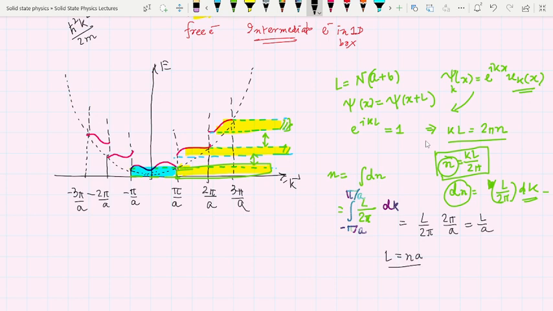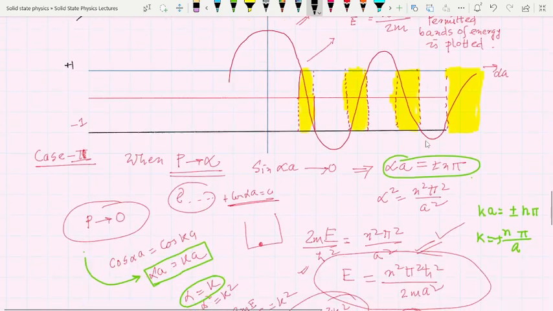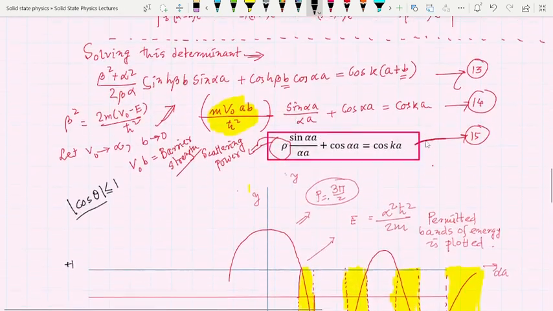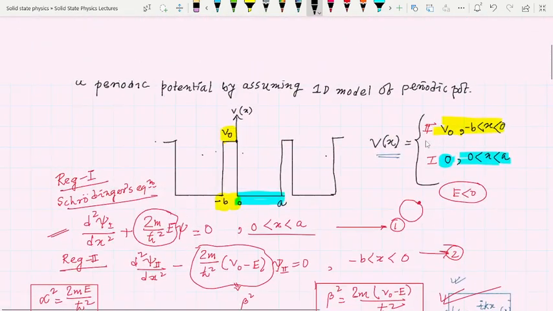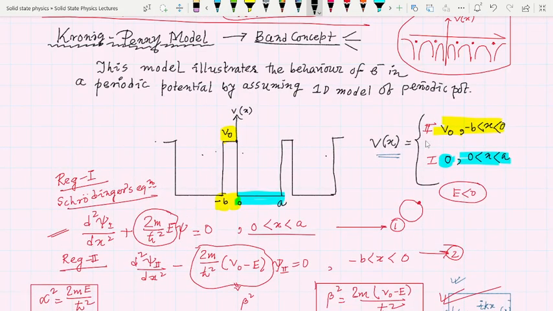Again, for b tends to 0, that is the case that we have considered earlier. What does b tends to 0 mean? This small width that we have is so negligible that we can neglect it.